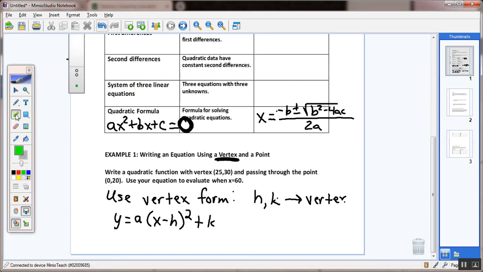Anytime you're using vertex form, your job is to find values for A, H, and K right here. Anytime you have to write a function in vertex form, your job is to find a value for A, H, and K to complete this. Well, guys, do you know what the vertex is right off the bat?